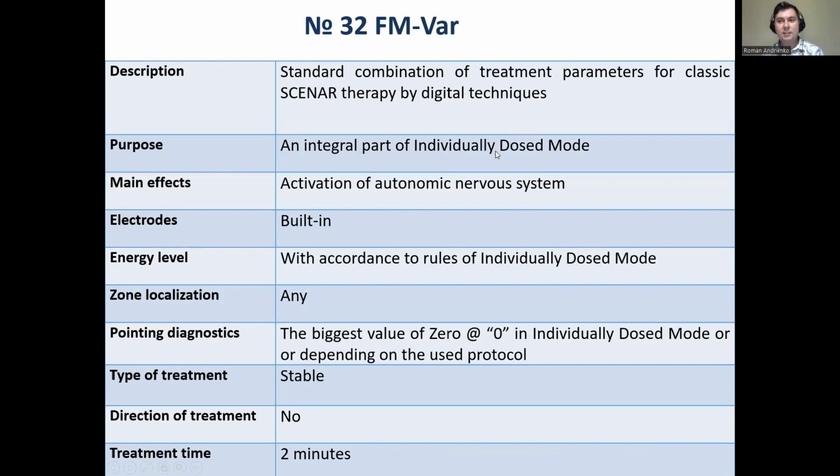And finally, the preset number 32, FM war. You would see this preset even in the most complete scheme of doing 3 pathways, 6 points, if you go to our official website. Remember that when we are operating in individually dosed mode, we put the dose to the point with the biggest initial reaction.